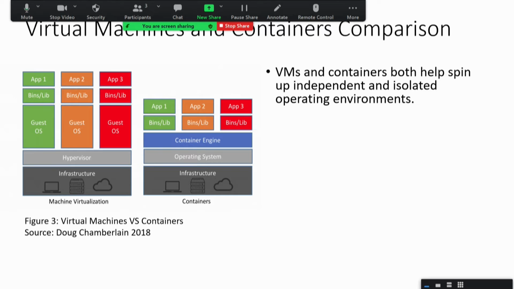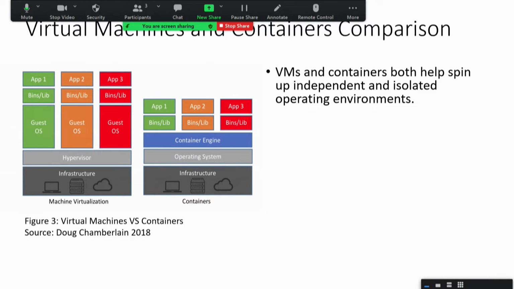So VMs and containers both help to spin up independent, isolated environments. That's where they share similarities. So let's say you have two projects. The first one uses Python 2.7 and the next one uses Python 3. You can install Python 2.7 in the first guest OS.